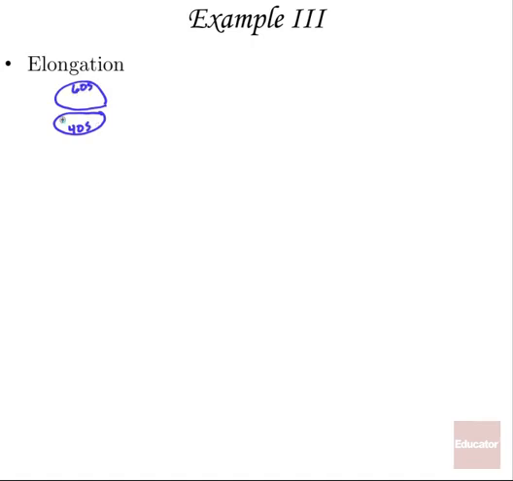We have the E site, the P site, the A site. Okay, this is our mRNA, and it's the 5' end. And we're going to need to draw this bigger.